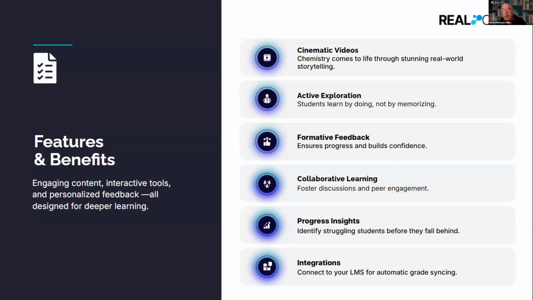What about climate change? And how does chemistry help you think about that? Then formative feedback that gives students feedback while they're learning with AI tools, with programmatic tools that are already built in, and also peer-to-peer and faculty collaboration. That's the collaborative learning aspect.